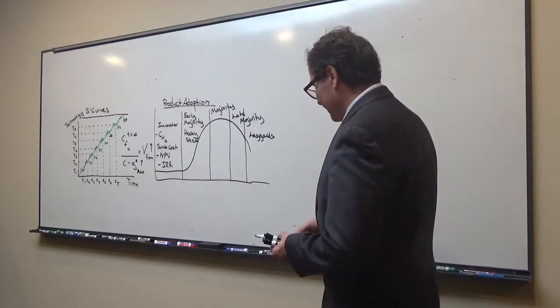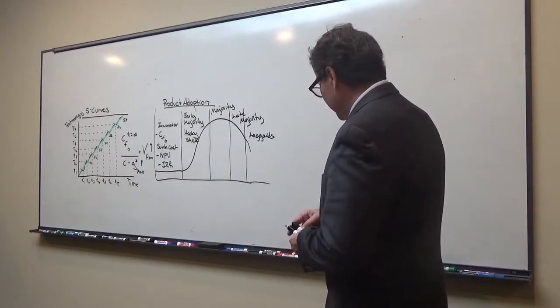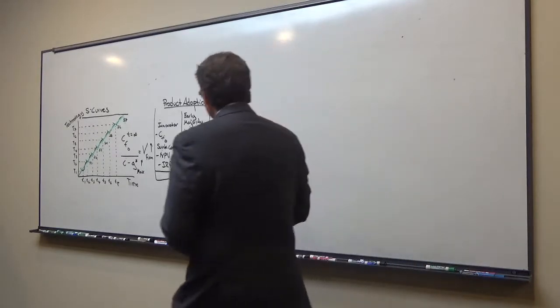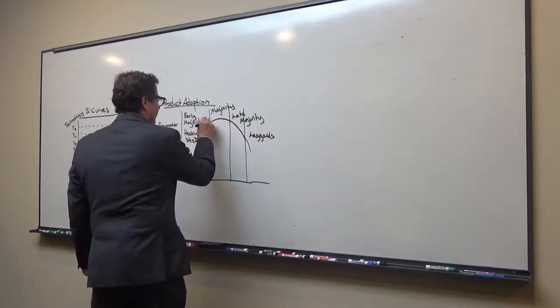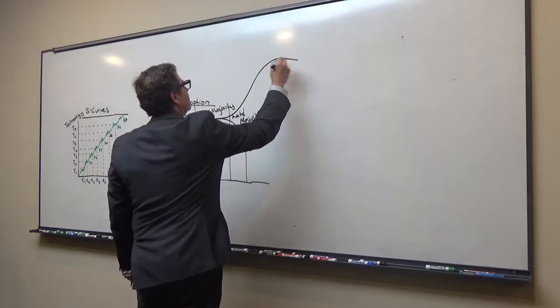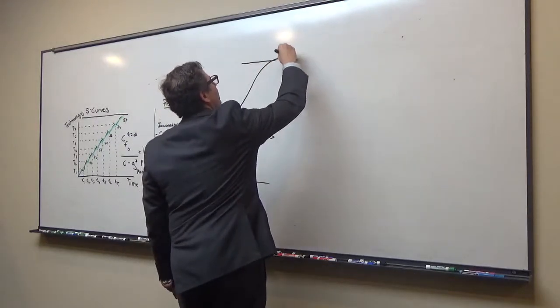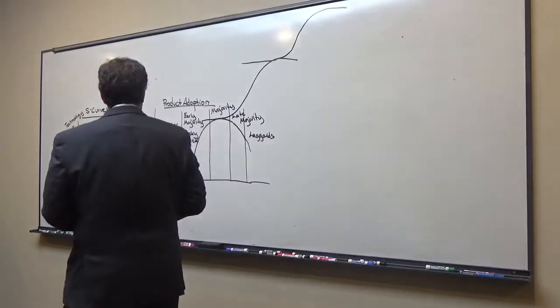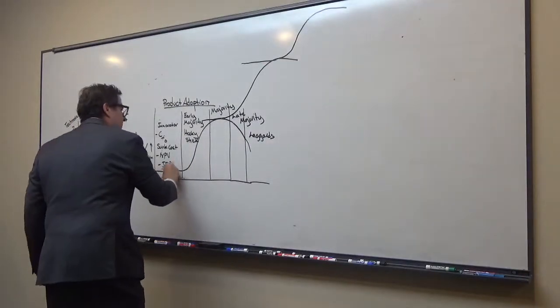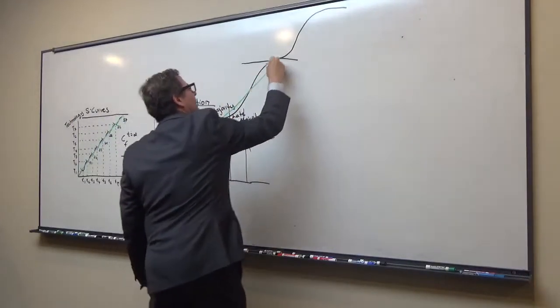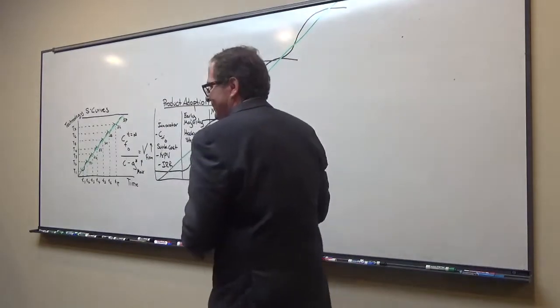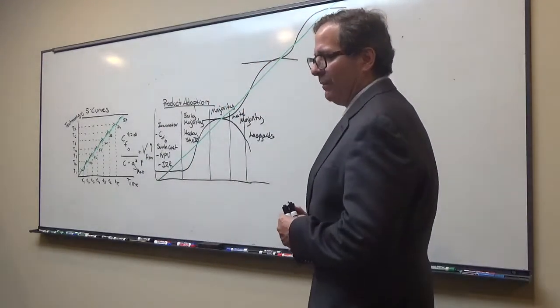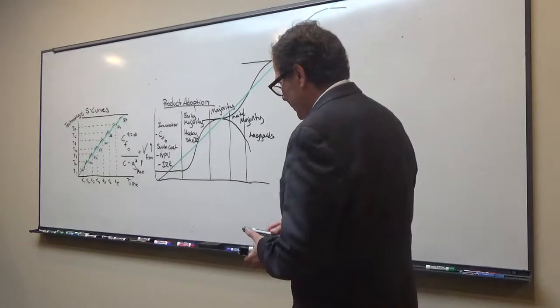Now the key to this one is just like the key to the S-curves: if you can develop new product consistently over time, you can create a revenue growth path. And the market will expect you to be able to do that, because now you have a brand because you've done it over and over again.